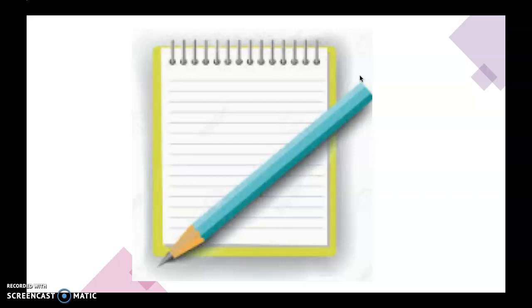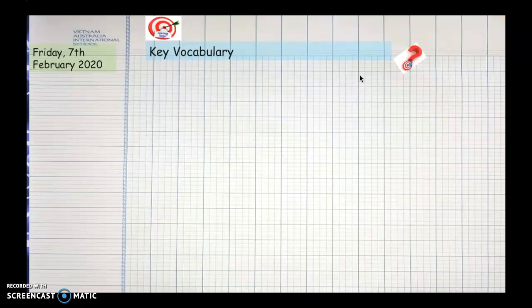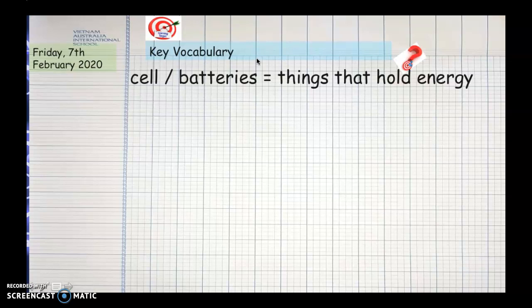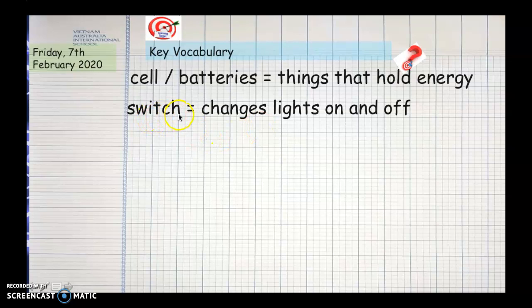You need to get out your notebook or paper and pencil and write the date and key vocabulary on the top, and write your vocabulary words. Cell, batteries, things that hold energy. Switch, changes lights on and off.